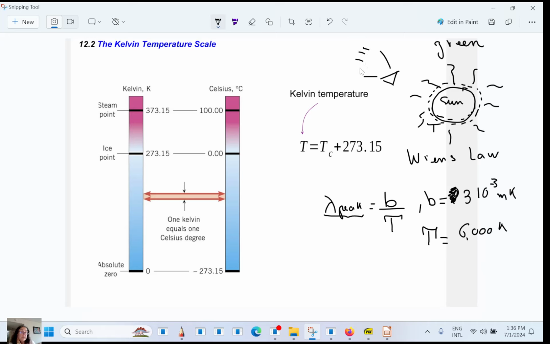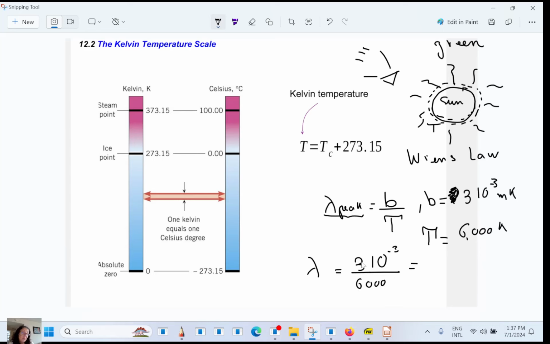What's the visible color with the most photons, with the most intensity? Which color? Okay, so can you try to do this? It's going to be easy. So the wavelength will be about 3 times 10 to the negative 3 over 6,000.